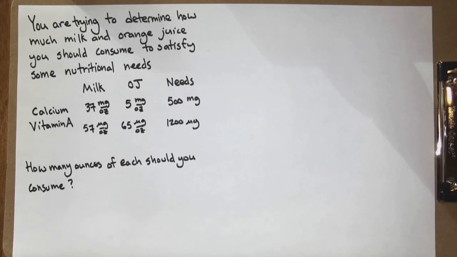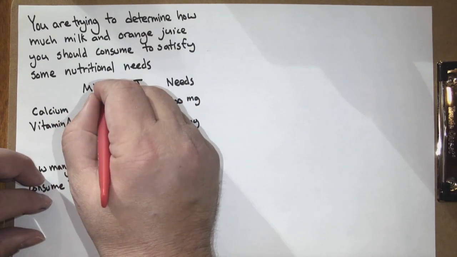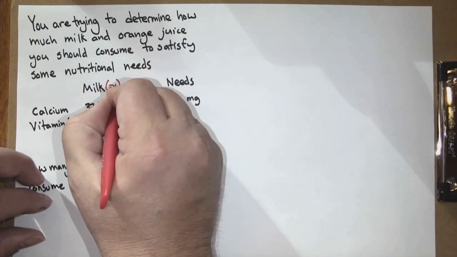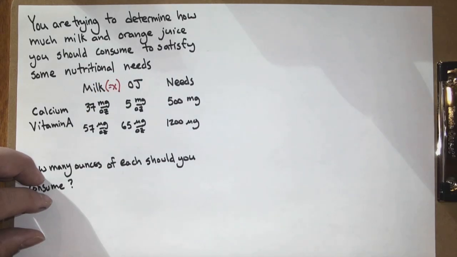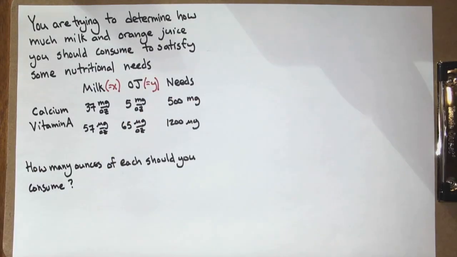What do you want to call the amount of milk that we need? We can call it anything we want. Do you have a preference? We can be boring and go with X again. All right, we'll go with X. So let's say the amount of milk we consume, we'll call this X. And OJ, we'll call that Y.